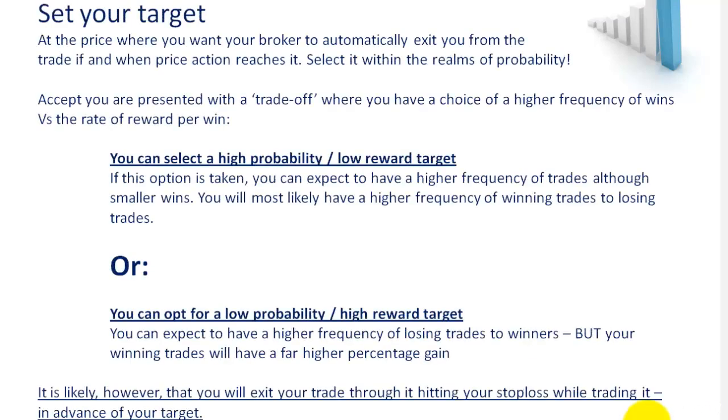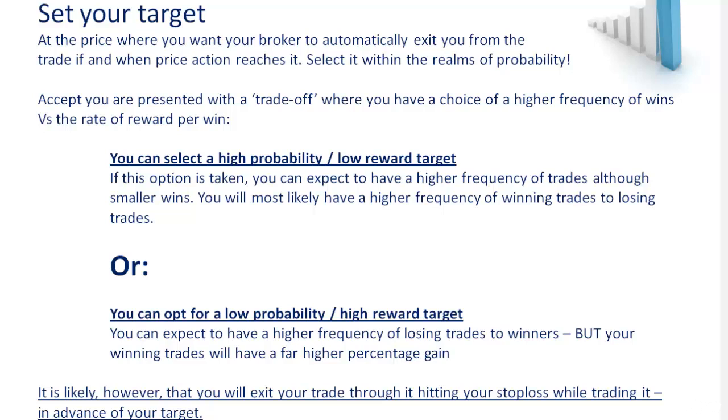In terms of setting targets for your trades, we always want to at least have an idea as to where we want to get out of the trade prior to placing our trade and setting our target, or our limit level, which is essentially the price where we tell our broker to get us out of the trade automatically if price action hits it.